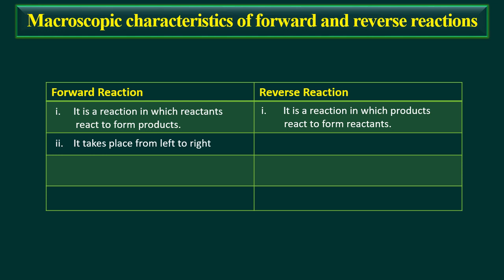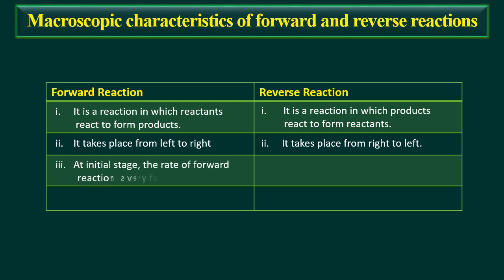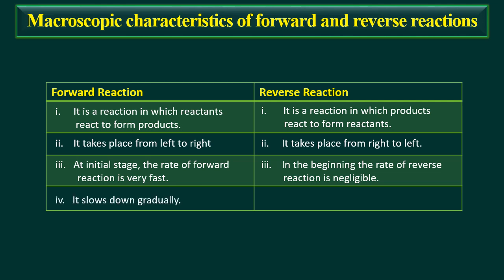Forward reaction takes place from left to right, whereas a reverse reaction takes place from right to left. At initial stage, the rate of forward reaction is very fast. On the other hand, in the beginning, the rate of reverse reaction is negligible. Forward reaction slows down gradually, but a reverse reaction speeds up gradually.